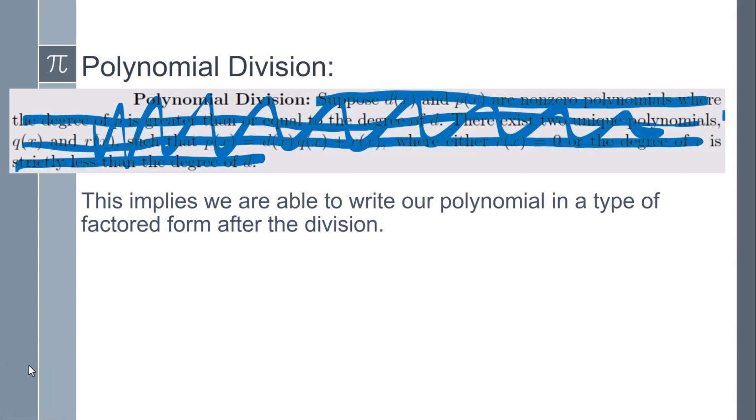So it's saying that if you were to divide a polynomial, we have two, d of x and p of x, and they're non-zero polynomials, where the degree of p is greater or equal to the degree of d. So this is greater than this. There exist two unique polynomials, q of x and r of x, such that we could write it as a series of multiplication.